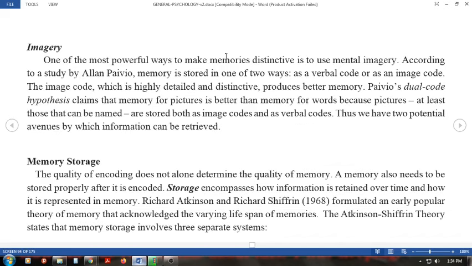And then imagery, no? You create imagery instead of words. You create image out of your mind so that ma-retain ang information. For example, the quick brown fox jumped over the lazy dog.